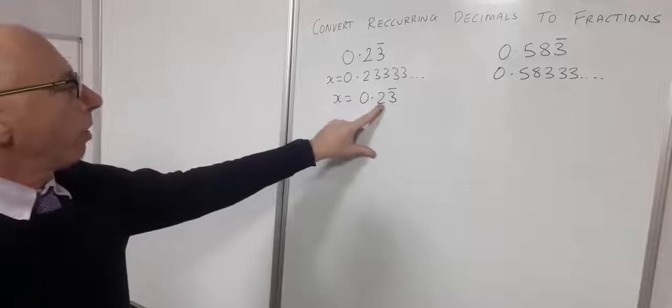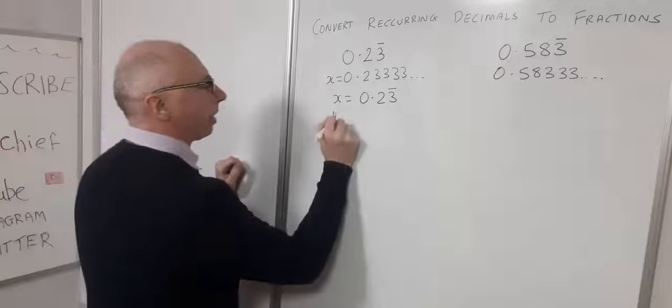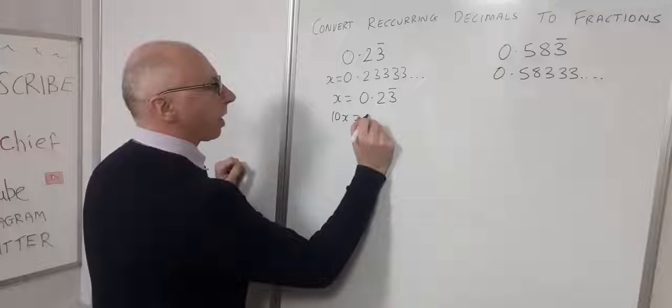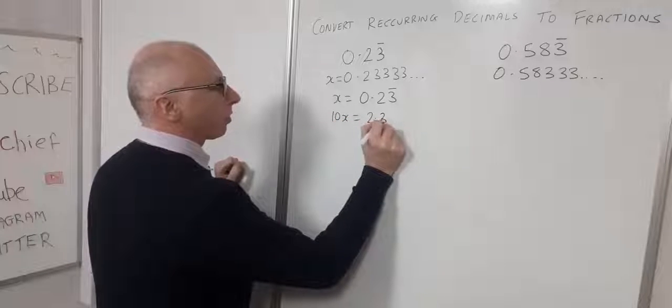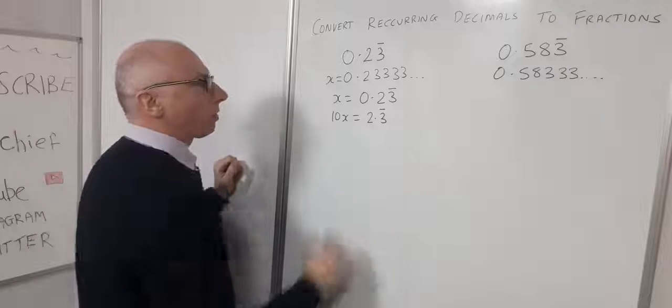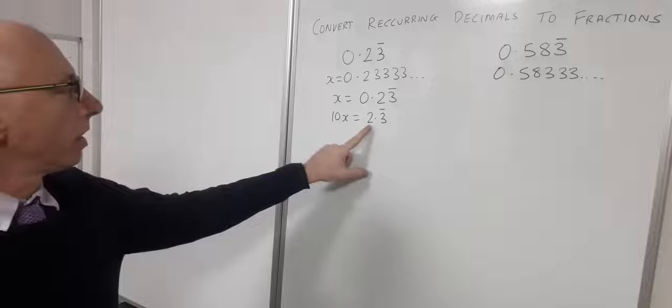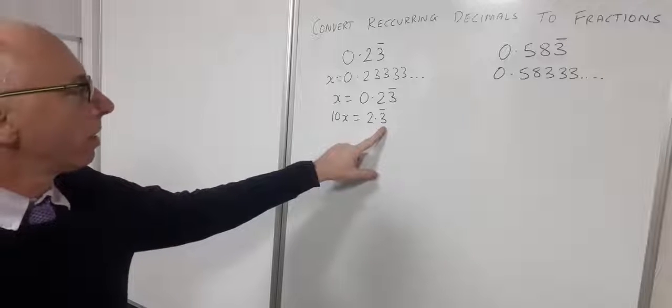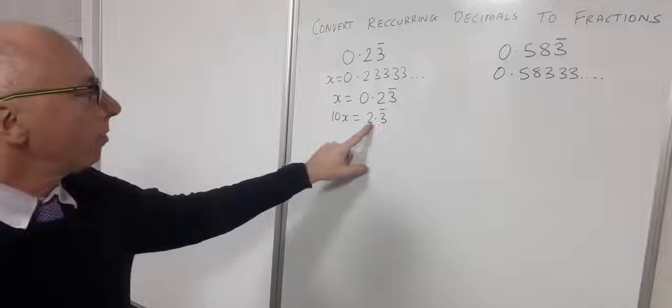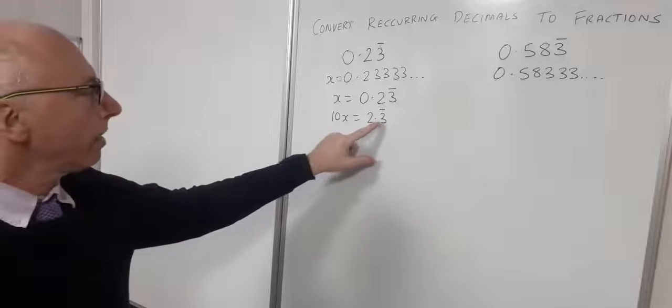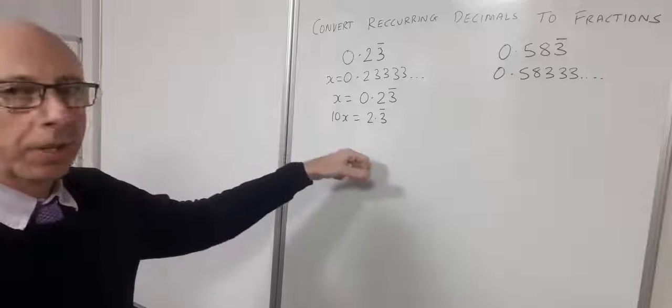Okay, so if we multiply by 10, let's go through this one step at a time. We have 2.3 recurring. That we're multiplying that by 10. So that's what we've got there. So now what we want to do is see what else we can do here to try and get this exposed so we could subtract something.